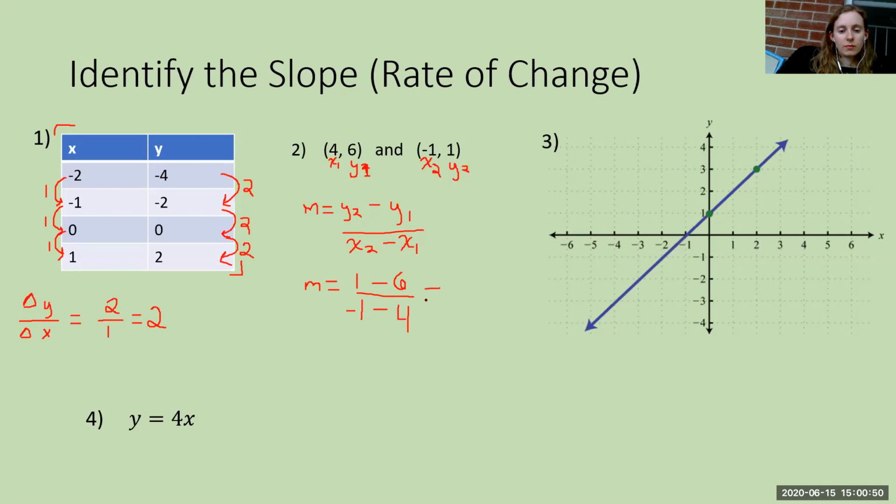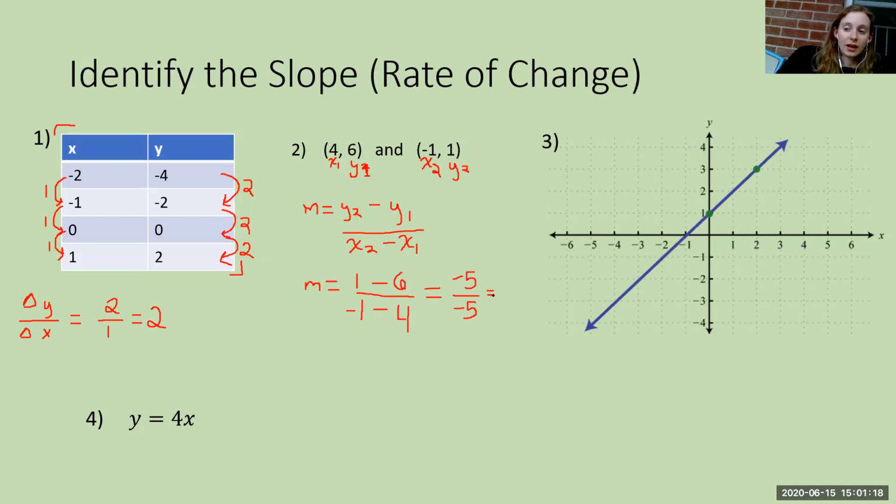All right, so 1 minus 6. 1 minus 6 is equal to -5. And -1 minus 4 is equal to -5. So with these 2 points, we calculate a slope of -5 over -5.